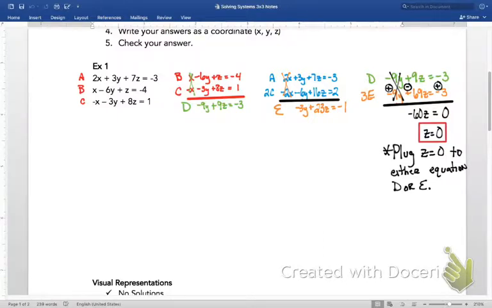So which one do you want? Does it matter which one we plug it into? No. Which one do you want to plug it into? Okay. So we should get the same answer.